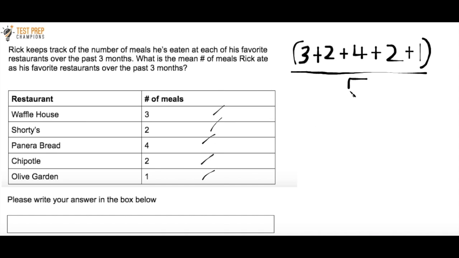So I'm going to divide by 5. Just to simplify this a bit, when I do 3 plus 2 plus 4 plus 2 plus 1 in my calculator, I get 12. So to rewrite this, I'll have 12 over 5. Now if we do 12 divided by 5 in the calculator, we get 2.4. So 2.4 is the answer here.